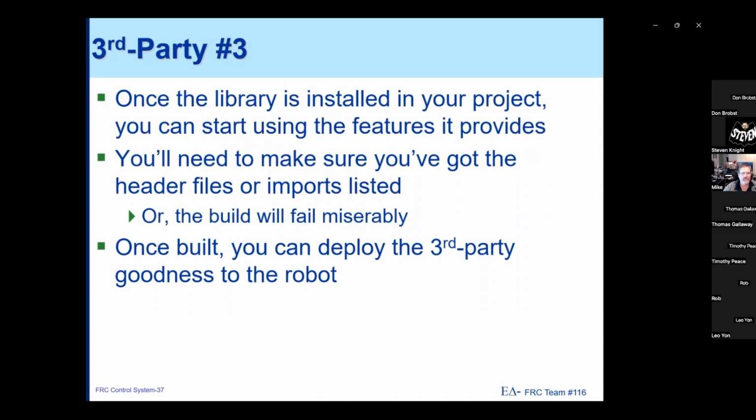If you don't include those header files or the imports, then the build will fail. So at that point, you need to make sure you've got those imports listed correctly. You can then rebuild it, assuming that the build completes. Then you're at a point where you can actually deploy all that third-party goodness into the robot and start taking advantage of all your fancy new motor controllers.